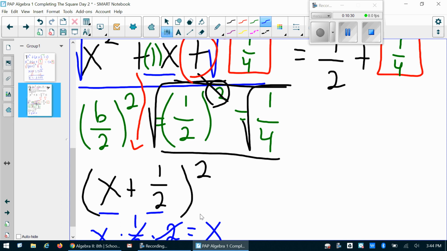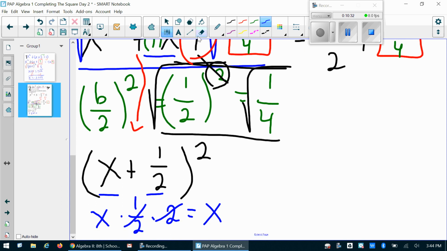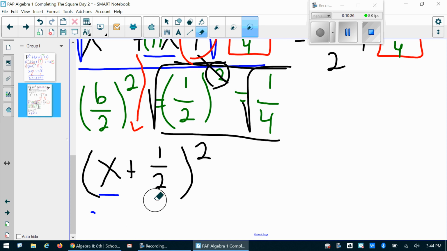So we did do it correctly. All right. But once you do a bunch of these, you'll be really confident in your factoring.